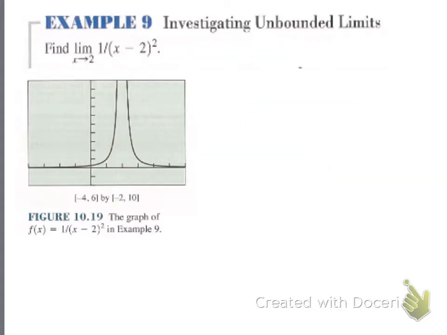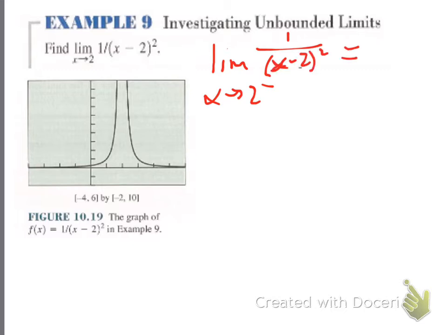Now, what happens here? Find the limit of 1 over x minus 2 squared, as x approaches 2. Okay? So let's do 2 from the left. Okay? So we're approaching 2 from the left. So here's the graph. As x approaches 2 from the left, what's happening?